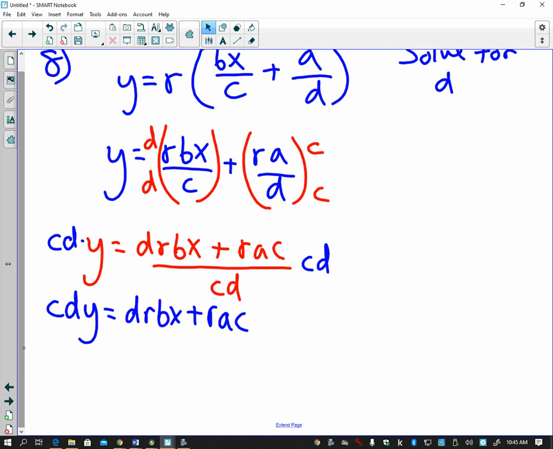I'm going to move the first one. Why am I moving the first one? Right, because the second term doesn't have a D. So how do I move it over there though? By subtracting it because it is positive. Okay, minus DRBX from both sides.